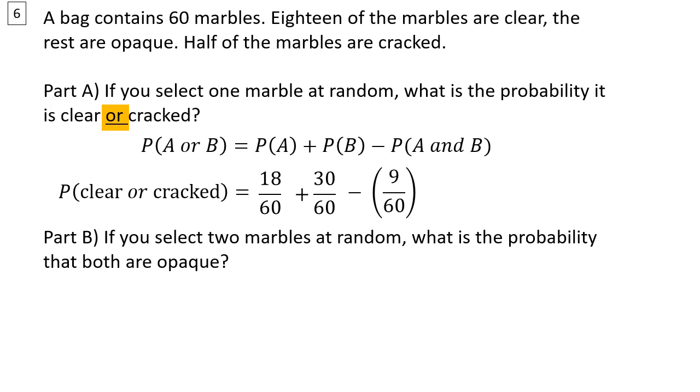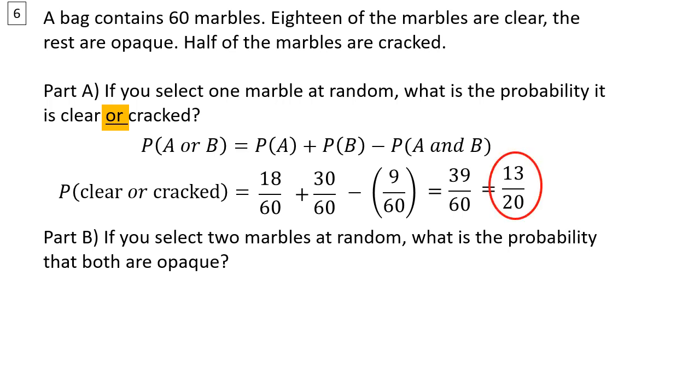So 18 over 60 plus 30 over 60, that was 48 over 60 minus 9 over 60 is going to be 39 over 60. Now we can reduce that. 3 goes into both of those. That is 13 over 20. Always reduce your fractions, but that's our answer.